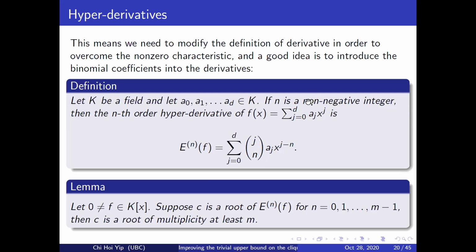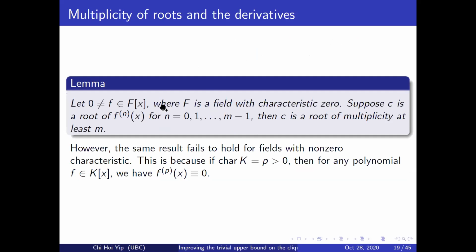Okay, so the definition of the hyperderivative is very similar to the usual derivative, but we need to introduce these binomial coefficients. And we also have an analog of this lemma.